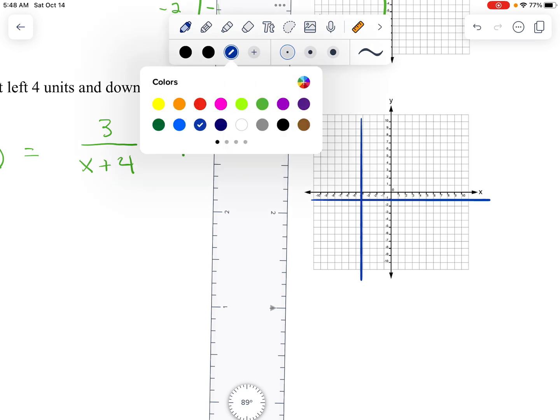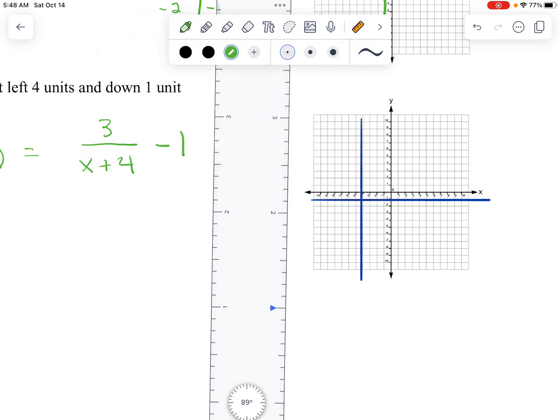So usually when you have a stretch, it's helpful to plug in a few points. Once you move your asymptote, it kind of tells you what points to put in. That would be easy. Notice my asymptote now is going to be at -4, -1. So I'd want to try -5 on either side of the asymptote.